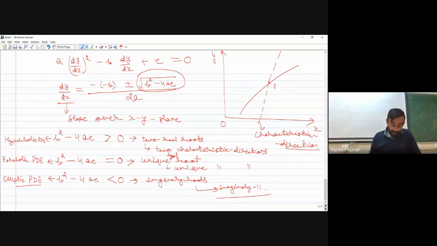One more important thing I would like to highlight is where the terminology hyperbolic, parabolic and elliptic comes from.